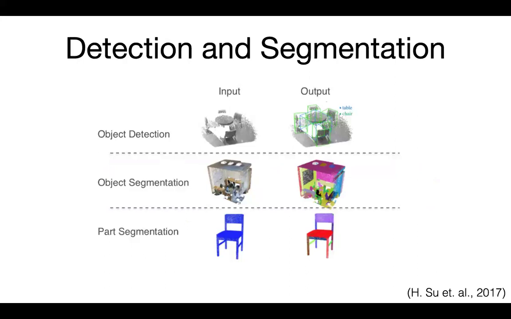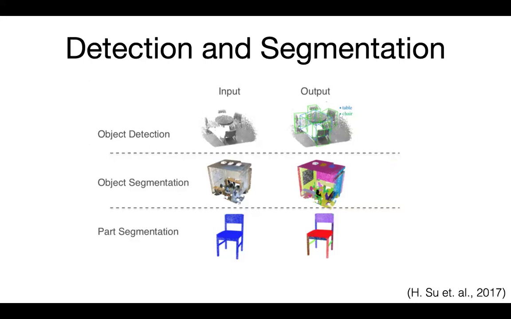Then we have higher-level analysis operators, like detection and segmentation, because the same way we detect objects in an image, we can detect objects in a scene or in an image that represents a scene.